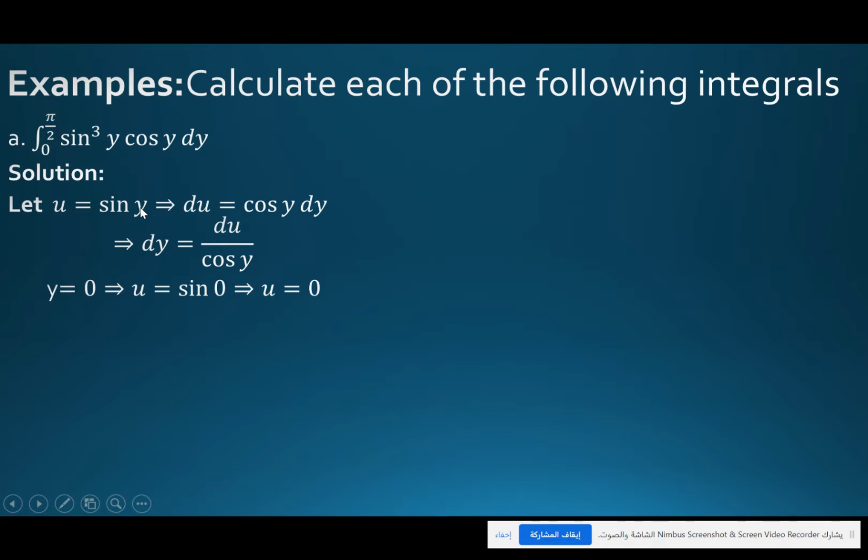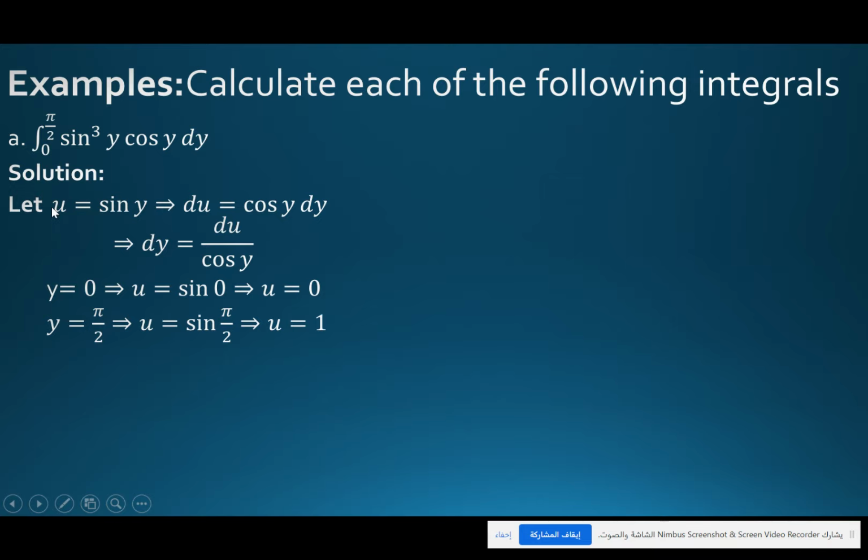Let us see. When y is equal to 0, we can say that u equals sine 0, which is 0. So u is changed to 0. It is the same here. Next, when y equals pi over 2, we need to know how much u is.